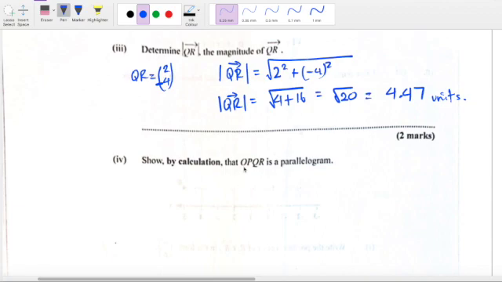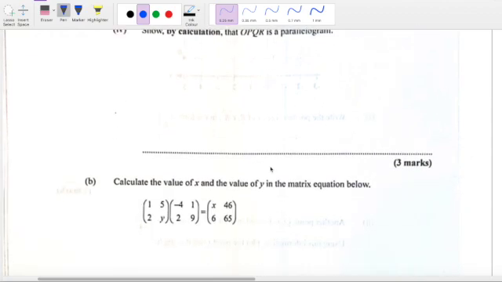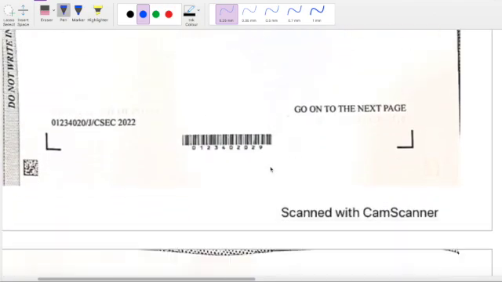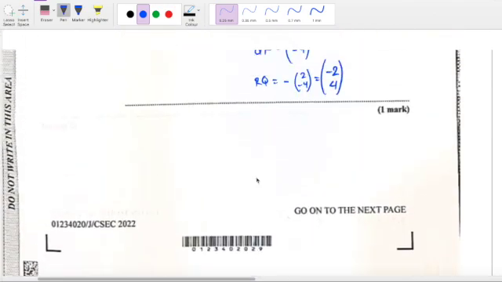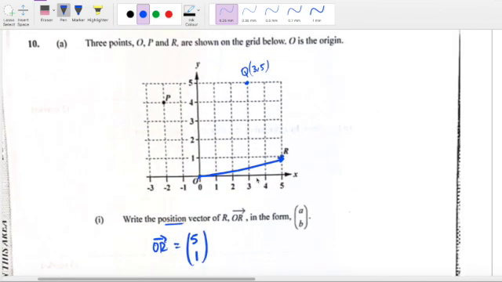Show by calculation that OPQR is a parallelogram, and this is 3 marks. So if we look at OPQR, we can actually see that OP is 1, -2, 1, 2, 3, 4.